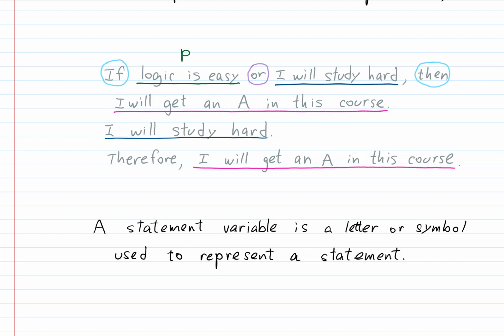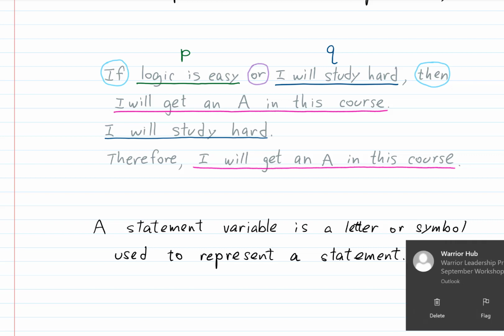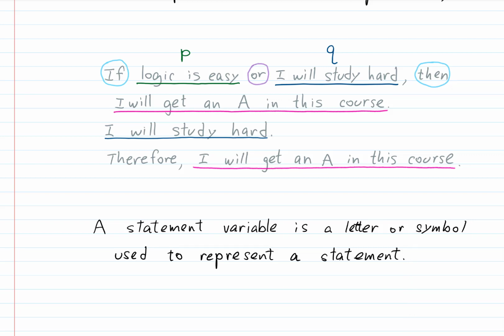Okay? Let's look at the one in blue, and let's call that Q. Now, if you ever hear us saying P is true or Q is false, what that really means is that P is a variable that is standing for a statement that is true.